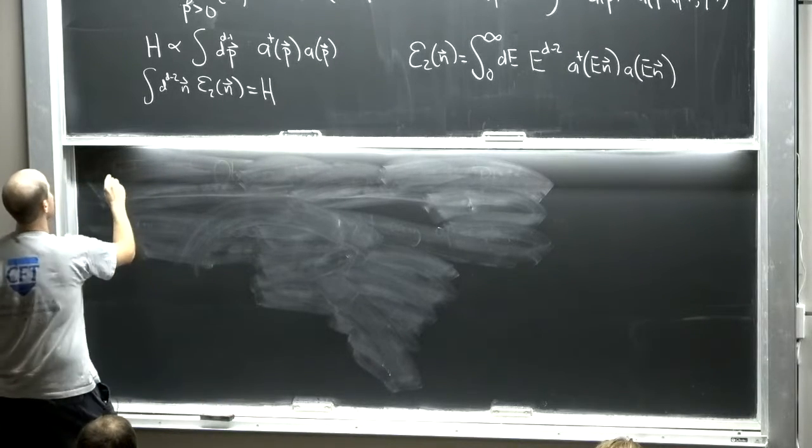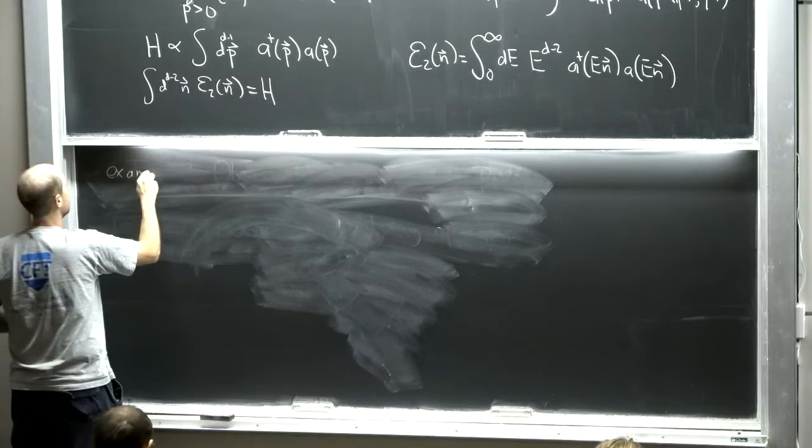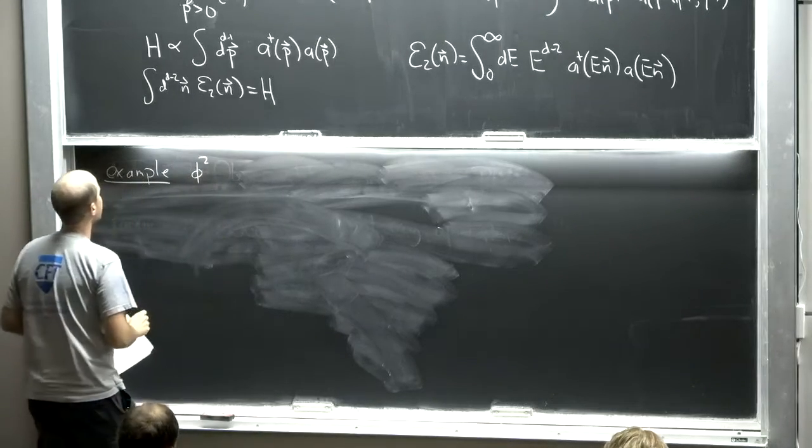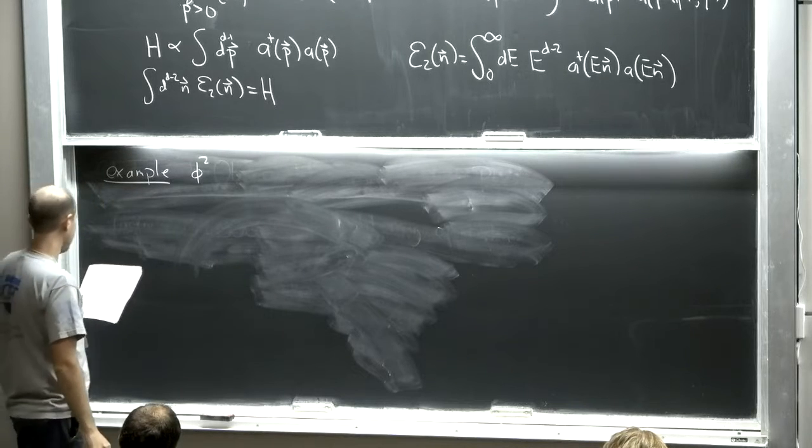Okay, so let's look at an example: phi squared in the Wilson-Fisher theory.